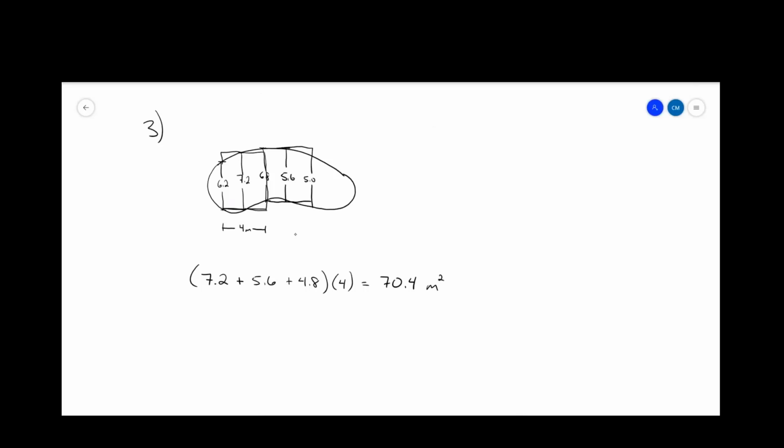And then the third one would be determined by. So that's one way to look at it, Michael, but the way that this book is wanting us to do it, trust me, this is the way it needs to be done. We're using 3 rectangles, and we're saying that the height of the first one is determined by its middle, 7.2, and then the second one is the middle of that one, which is 5.6.